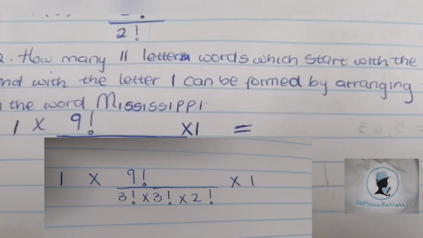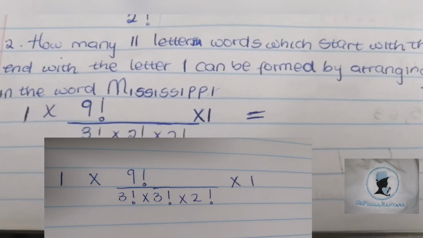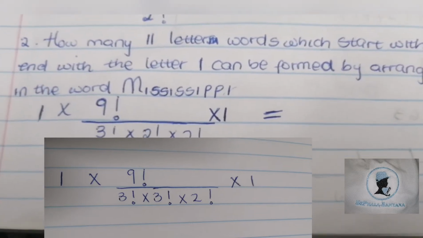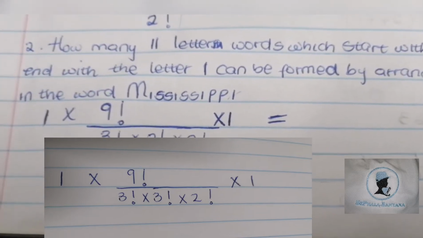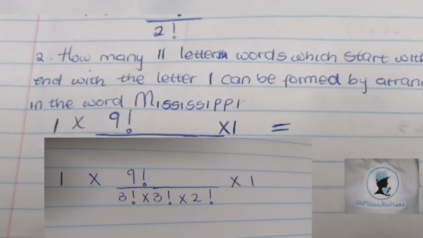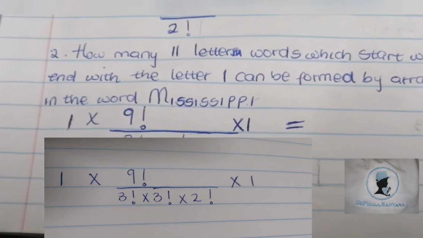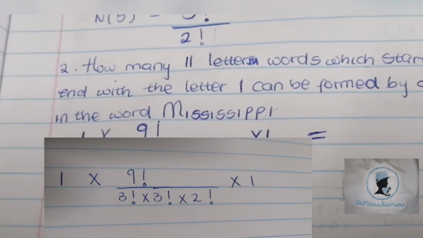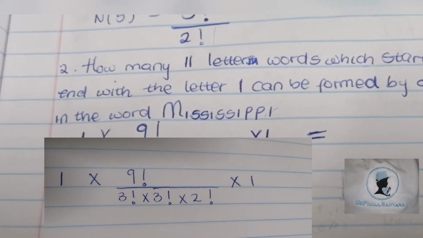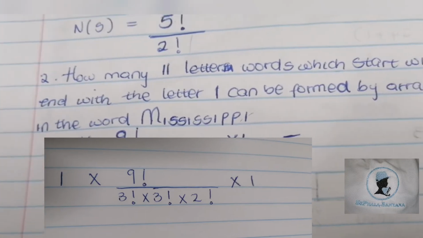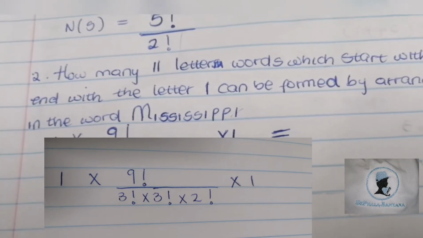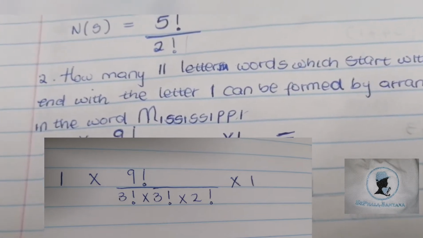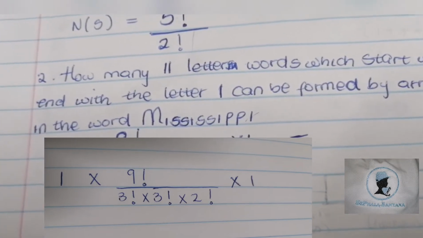Now you have 2 conditions, and I told you in the previous video that every time you are given conditions, make sure you start first with the condition and then take care of the rest. So we have 11 letters, and they are asking how many 11-letter words we can form when they start with S and end with I.